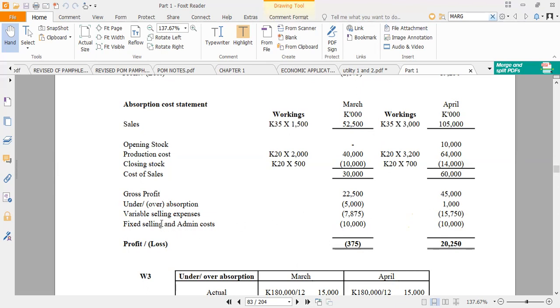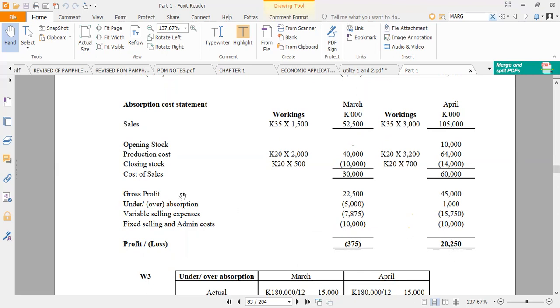Then less variable selling expense, which is 15% of 105,000, giving us 15,750. And then less the fixed selling and administrative cost of 10,000, which gives us a profit of positive 20,250.